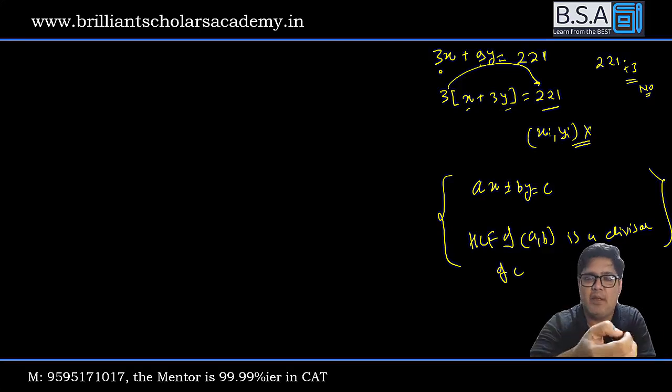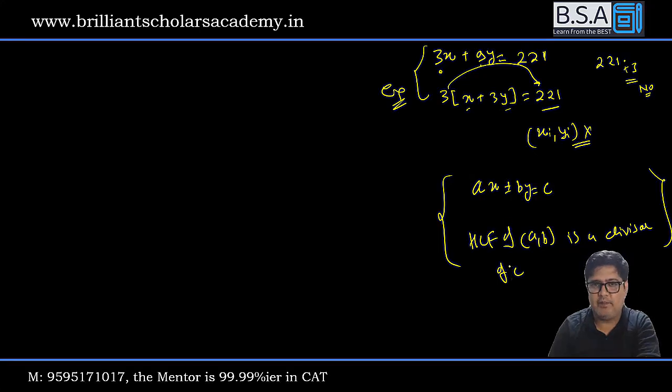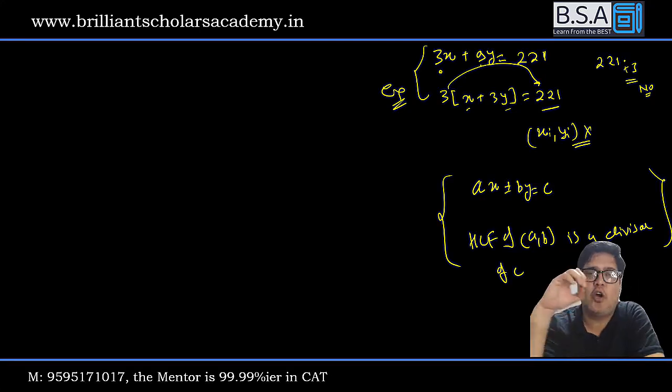Whatever is HCF can be common. So I'm trying to teach you this with a basic example. Or you can look at this. Plus minus both. It is true for plus minus both. अगर a और b का common factor c को divide करता है, then you have integral solutions. Otherwise, integral solutions are not possible.